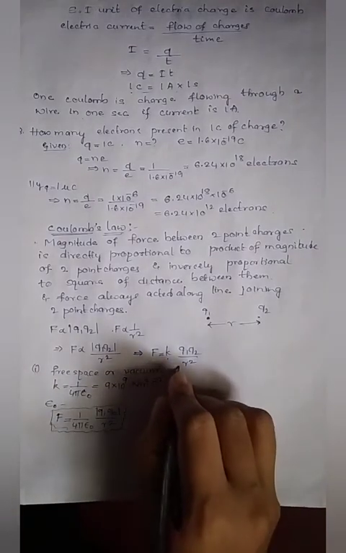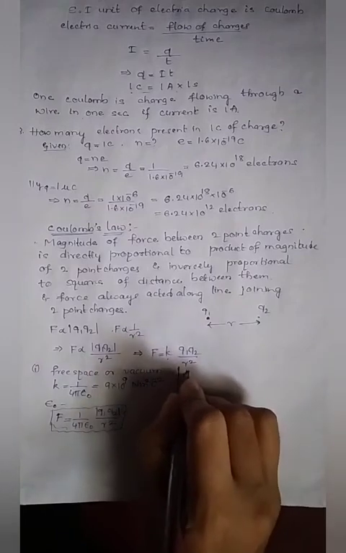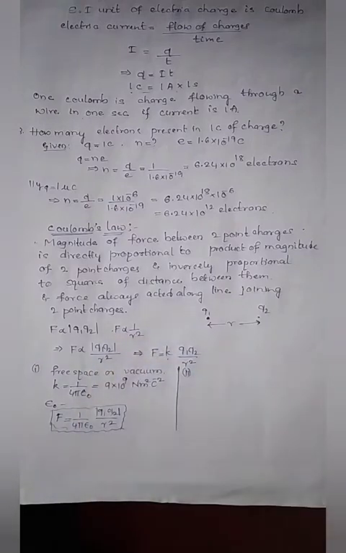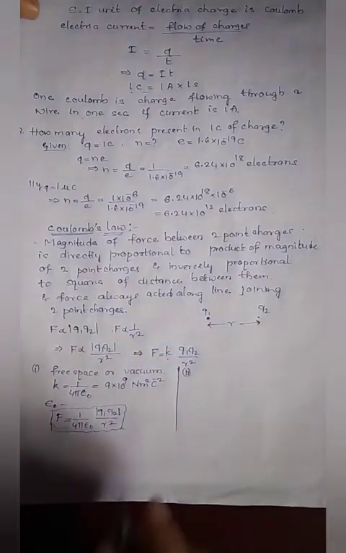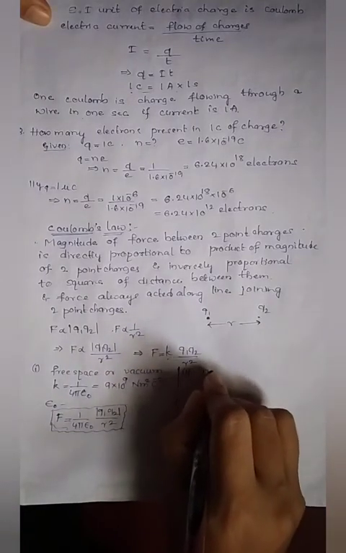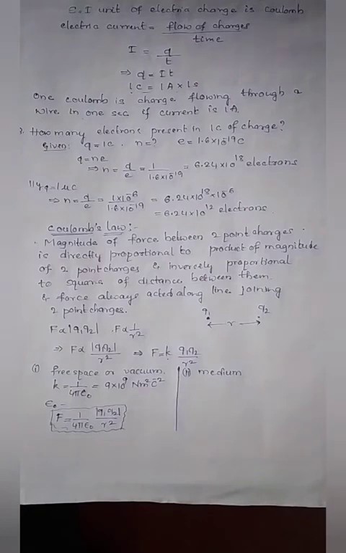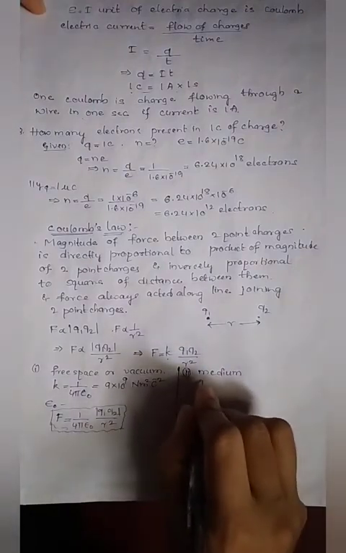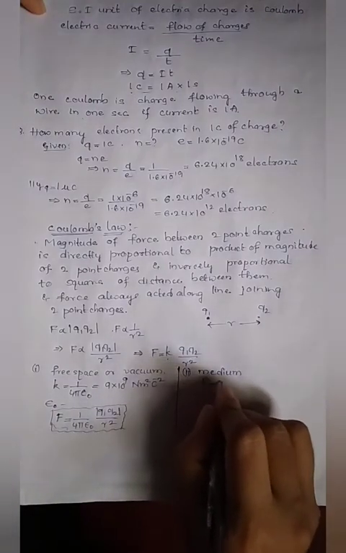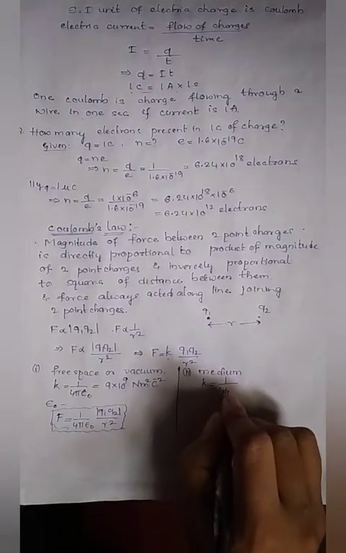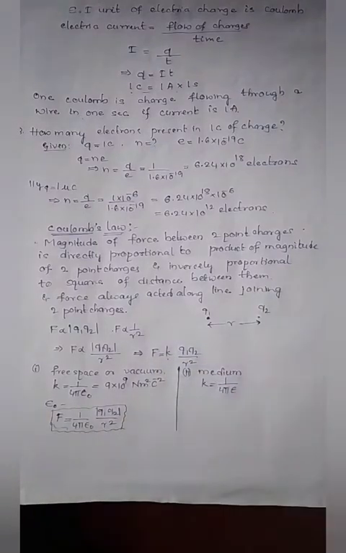Now consider case 2. Suppose these 2 point charges are placed in a medium. Then this proportionality constant K can be written as 1 by 4 pi epsilon.